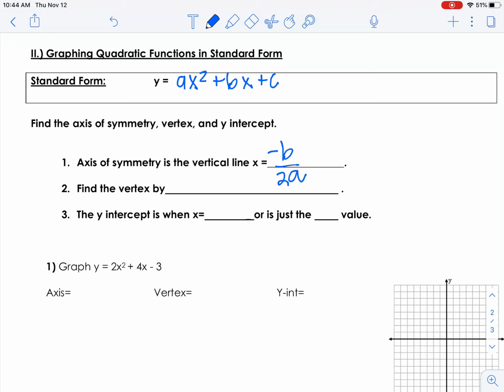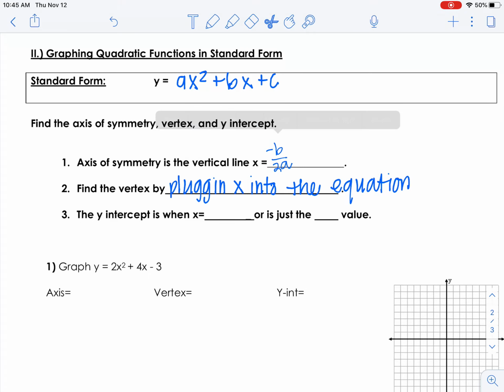Okay, once we know that, we can find the vertex by plugging x into the equation. So if we solve for the x value of our quadratic using this -b over 2a formula, then we can plug that in to our equation in order to find the y value of the vertex. Okay, the y-intercept is when x equals 0, or it's just the c value.